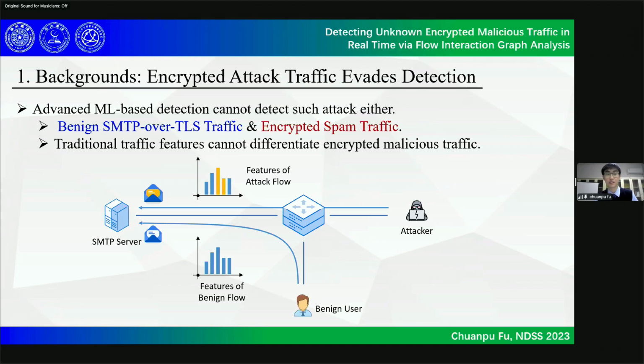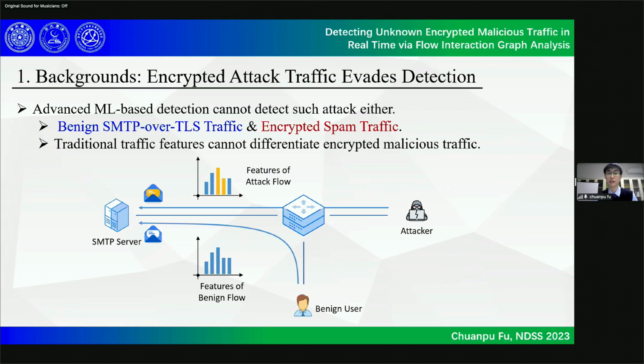So it's hard for existing machine learning-based detection to differentiate benign and malicious mail flows according to the traffic features. Similarly, many encrypted malicious flows, other than spam flows, also exhibit benign flow features. So the existing machine learning-based methods are unable to detect so many attacks.